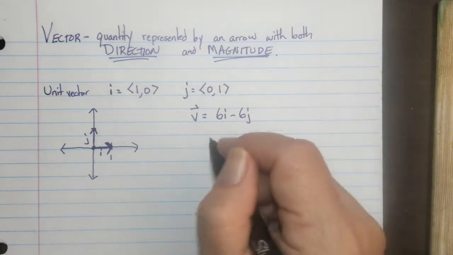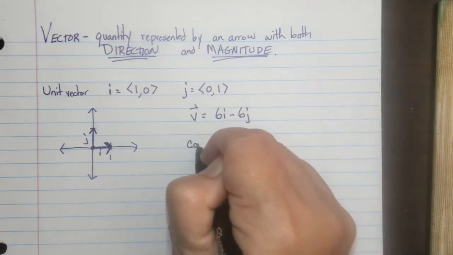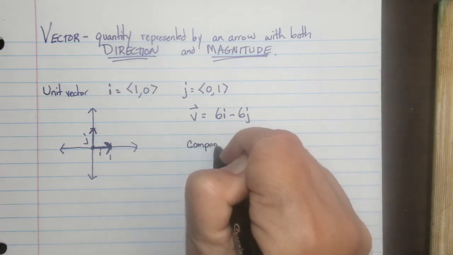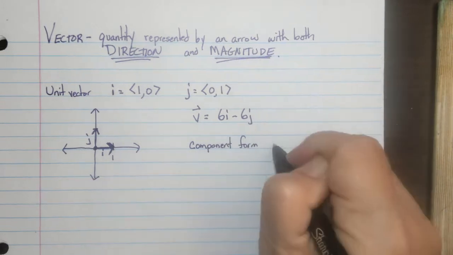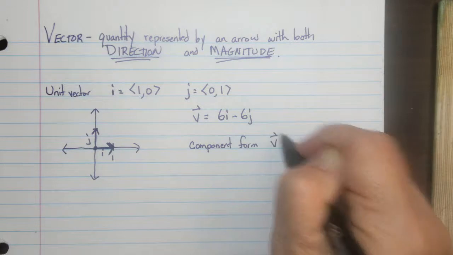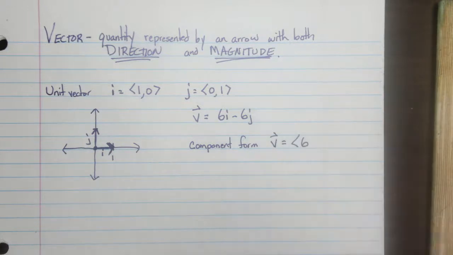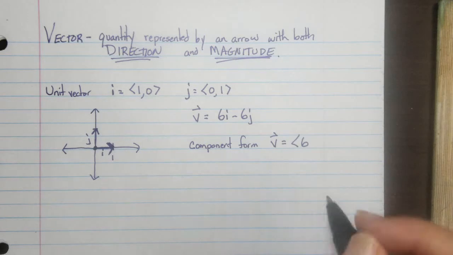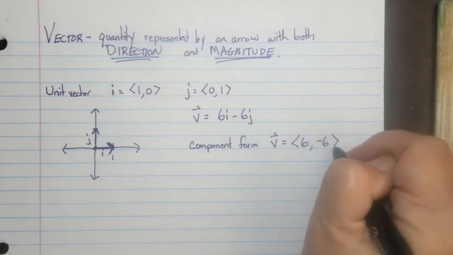But the other way to write vectors is what we call component form. And for that, vector v would just be the components: 6 for the horizontal component and negative 6 for the vertical component.